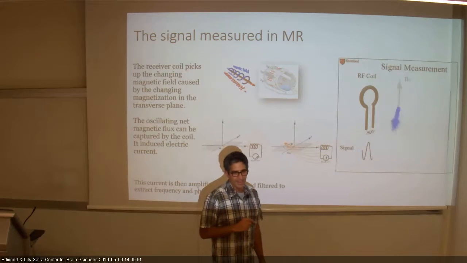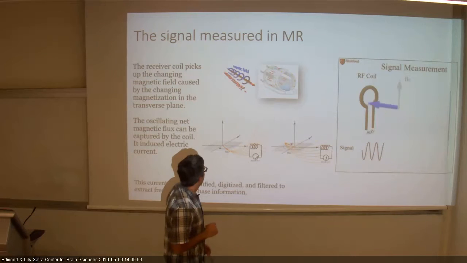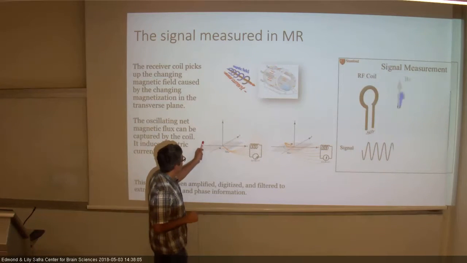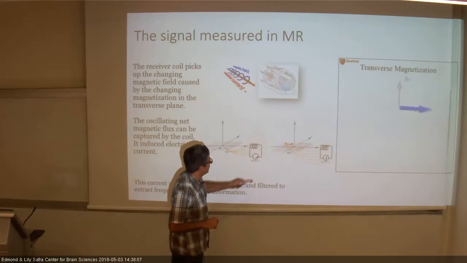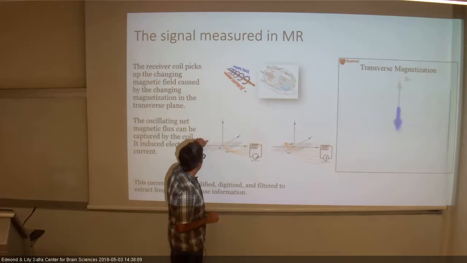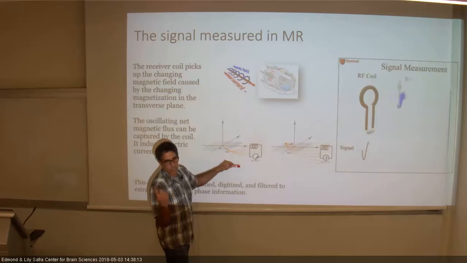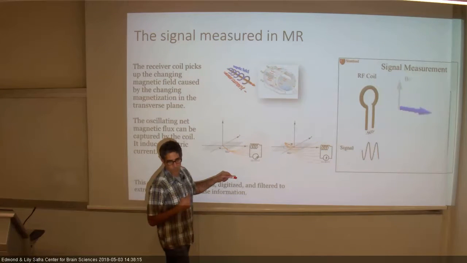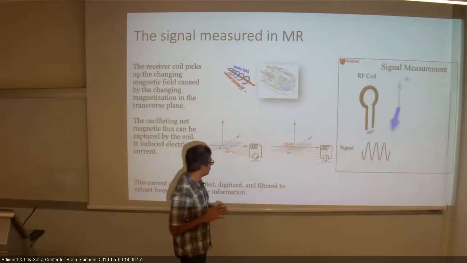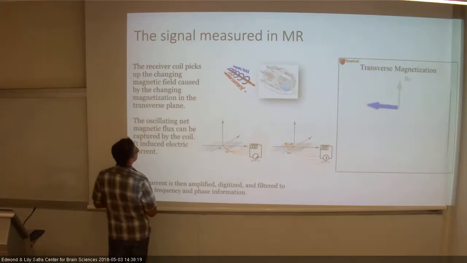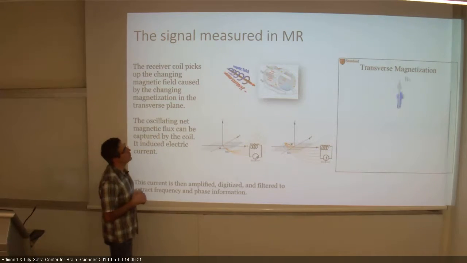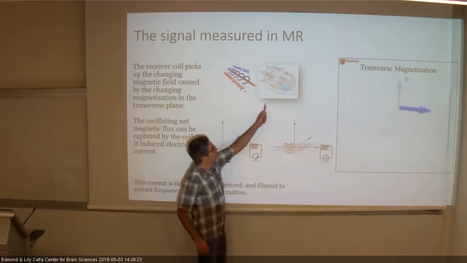That's just saying the same thing: there is this electrical circuit, and while the vector is moving toward it, it's creating an electric current that we can measure. Any question? So what we typically have in MRI is a receiver.